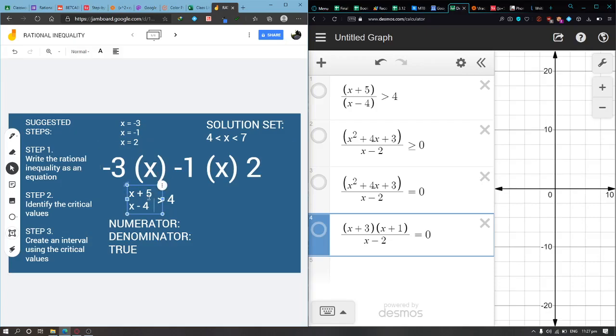So, ilista muna natin yung itsura ng ating equation. Gamitin natin itong nasa baba. Ayan. So, sabi niya dito, it is x plus 3 multiply by x plus 1 tapos over x minus 2. Ayan. So, try natin.